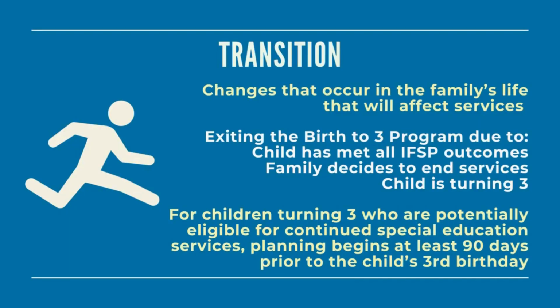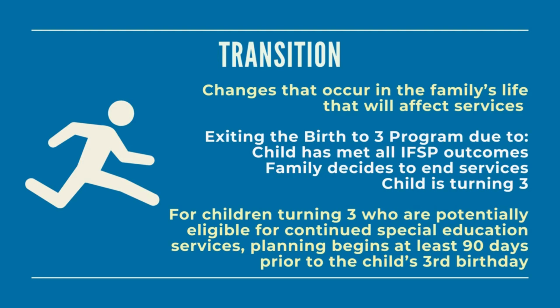Of course, all good things must come to an end, and services with the Birth to 3 program are no exception. Anytime services are ending or there's a change that will affect services, there's thoughtful planning needed. Transition may occur for a number of reasons, such as a family move, successful completion of IFSP outcomes, or when a child turns 3.